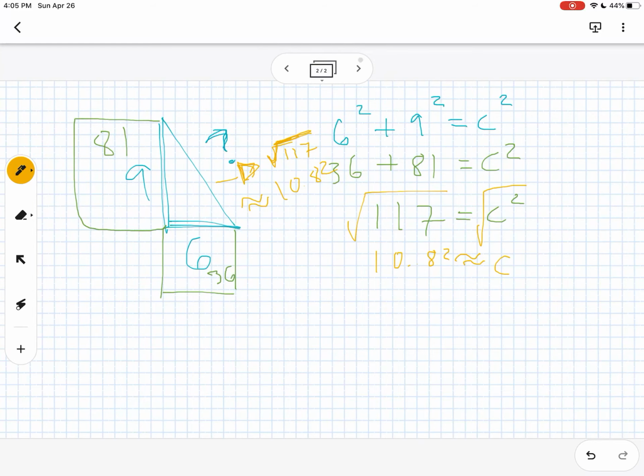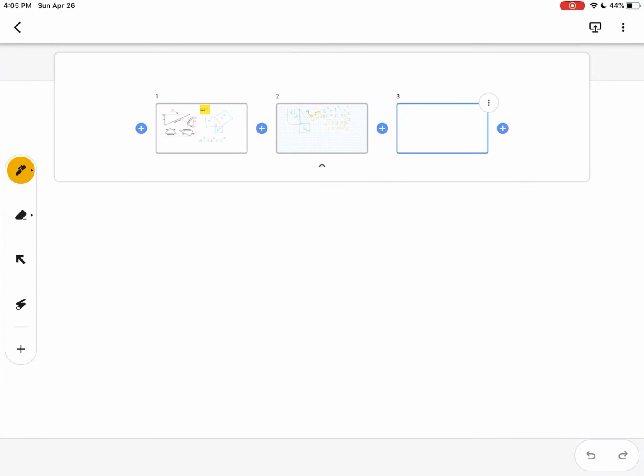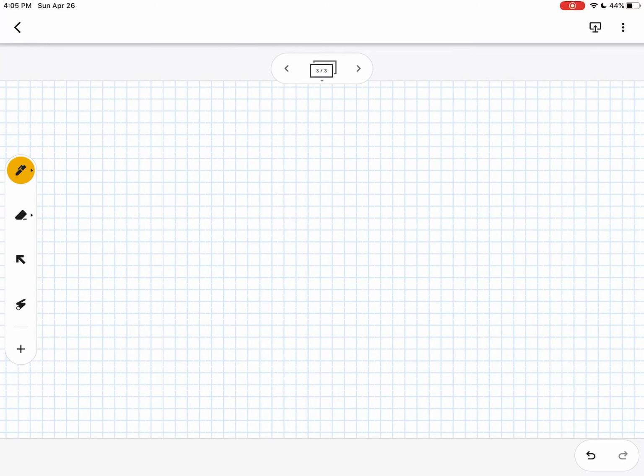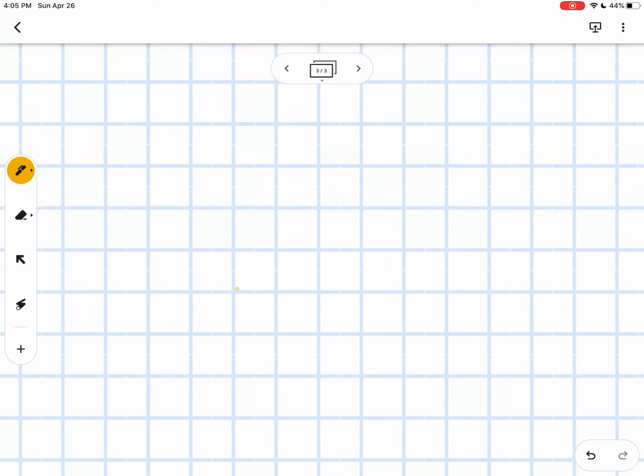Let me show you one more thing that you're going to see in these practice problems. I'm going to use graph paper again for my background. Sometimes it'll give you a diagonal. It'll say, I have a segment that goes from here to here, and I want you to tell me how long this segment is.